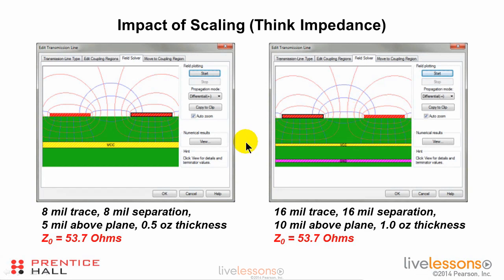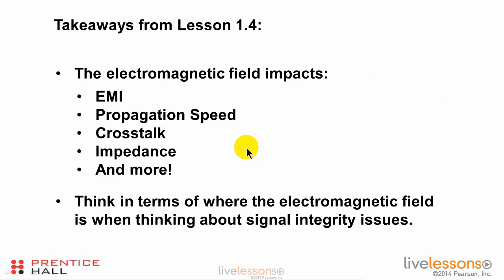So you can gain quite a bit of insight by thinking about what the electromagnetic field looks like when you are designing your board or considering changes maybe to a board or considering alternatives. Think about where the electromagnetic field is, think about what impact the change will have on the electromagnetic field, and you can gain a lot of insight about what's going to happen.